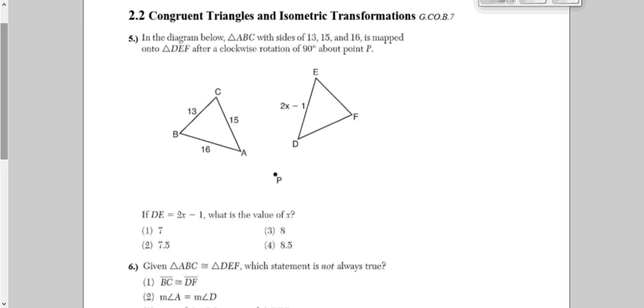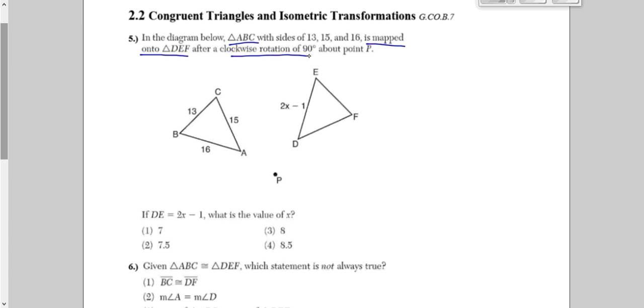So can someone tell me if the two triangles are congruent? Yes or no? It says ABC mapped onto DEF after some rotation. I thought rotations were isometric.